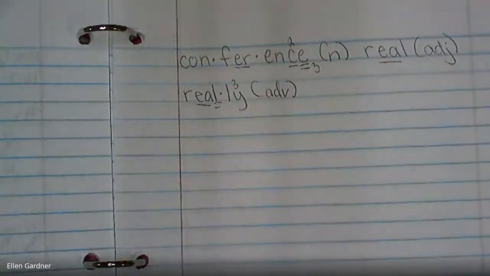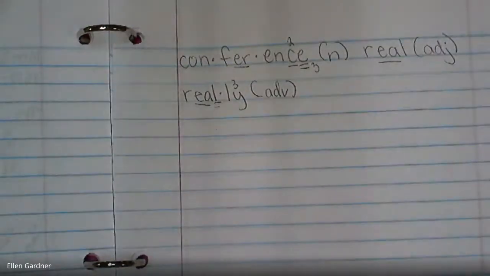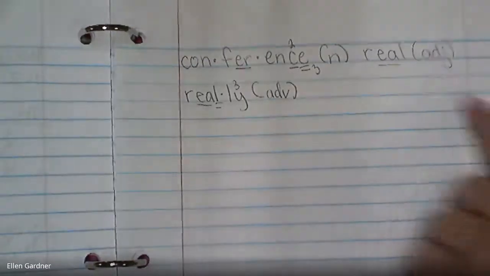Okay, we're going to use this base word one more time for our last word today. Real is in the base word of our new word, reality. Reality. As in, I had some virtual reality goggles, which made everything look real.